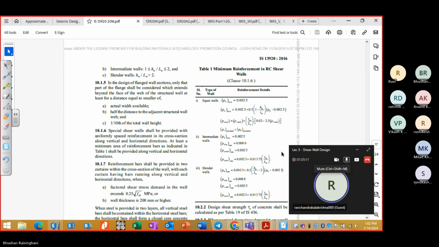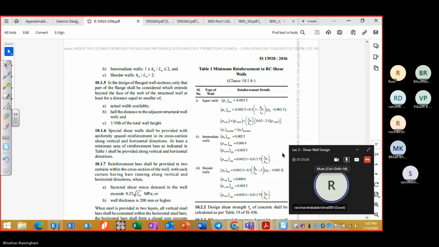I'm not differentiating anything spandrel or pier in the SAP. But when coming to ETABS, there is a problem that we have to define labeling as a spandrel on the top of the window and below window, and the sides of the walls you have to define the name as per pier. Sir, why do the softwares differentiate?